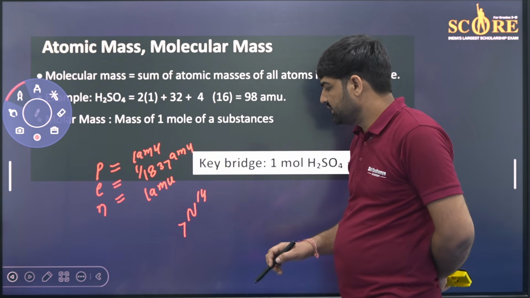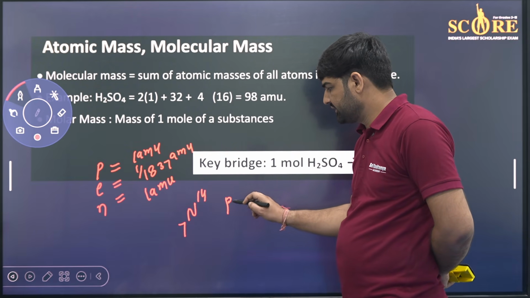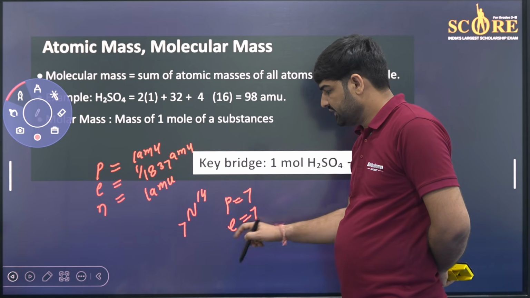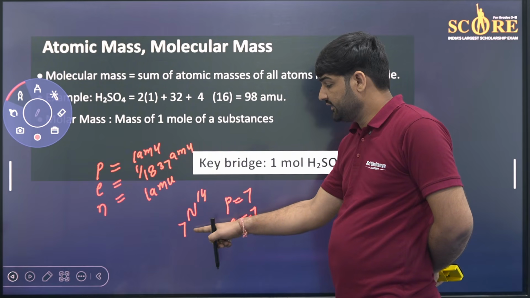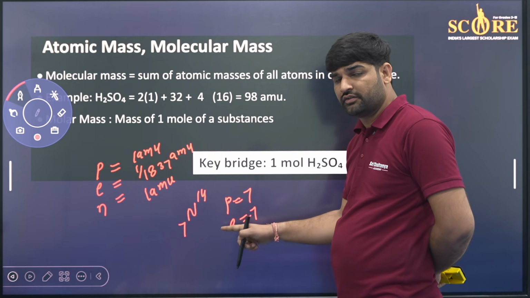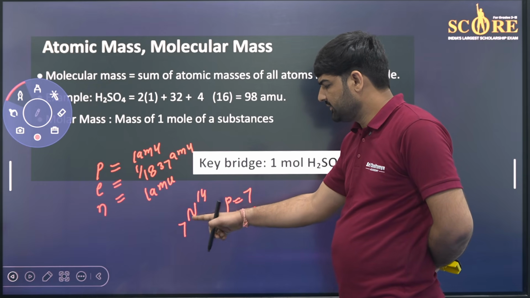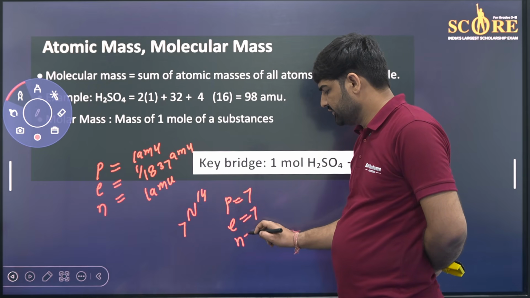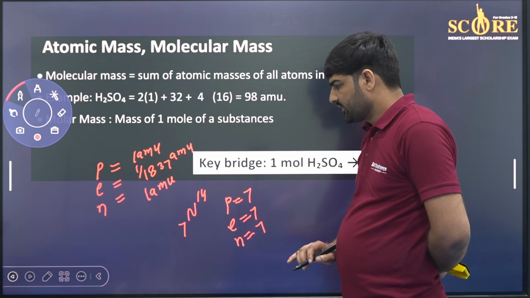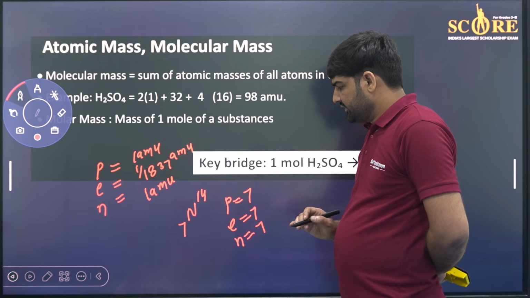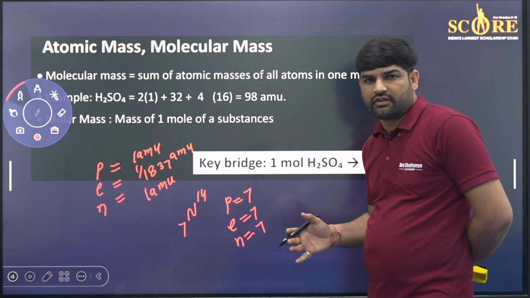For atomic mass calculation, I have an example, nitrogen 14, with atomic number 7. Everyone knows what the number of protons is in this. So protons are 7, and the number of electrons is also 7. This number is protons, this number is also electrons in a neutral species, and 14 minus 7 is the number of neutrons.